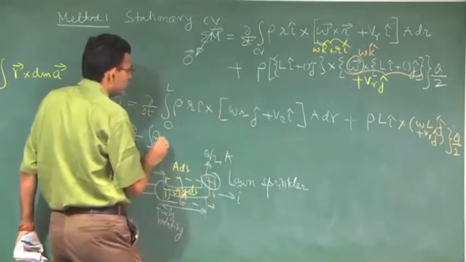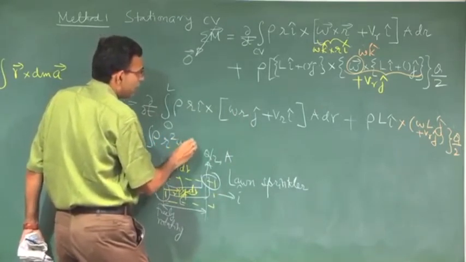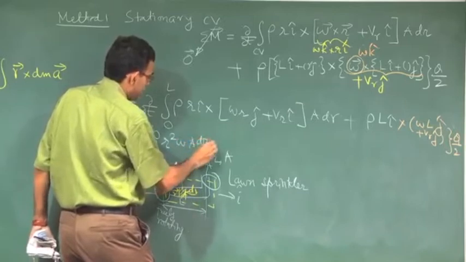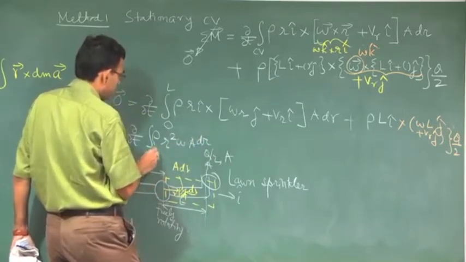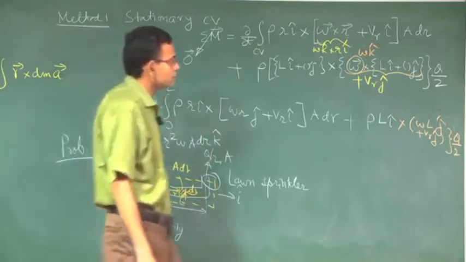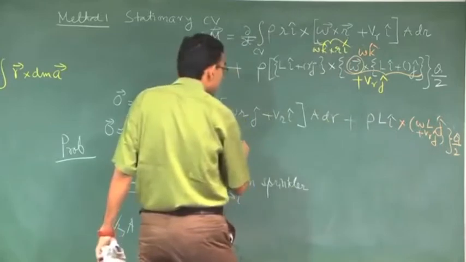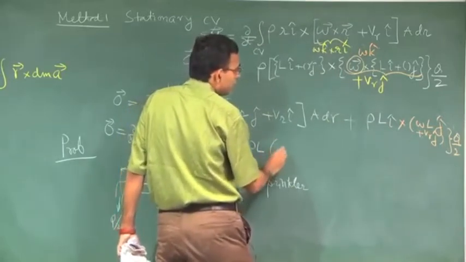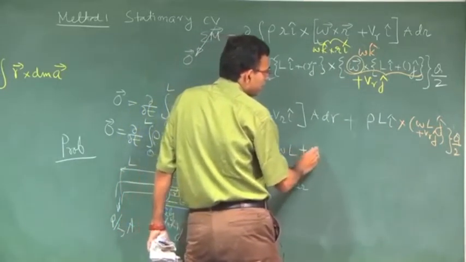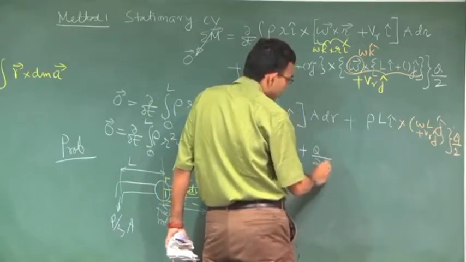So rho r square omega a dr, 0 to L k, here both will be k, right, plus rho L omega L plus Vr is Q by 2a, right.